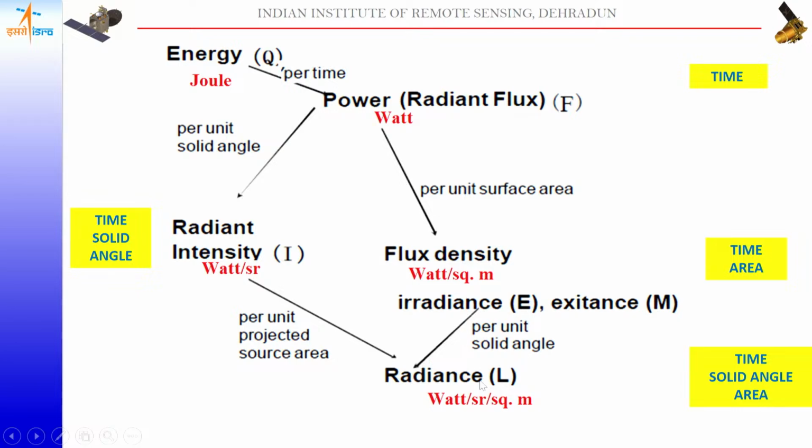The energy which is falling on the ground coming from the sun is usually measured in terms of irradiance, and the energy which is measured at the sensor level is in terms of radiance. All these terms can be measured spectrally, so they can also be called spectral radiance, spectral flux density, spectral power. Why spectral? Because your sensor will be limited to a certain range of wavelengths. According to that range, you will measure the energy.